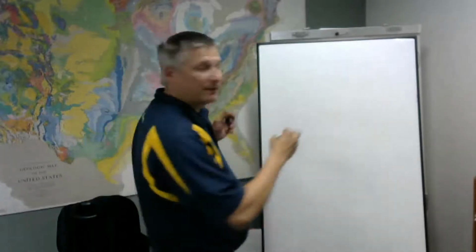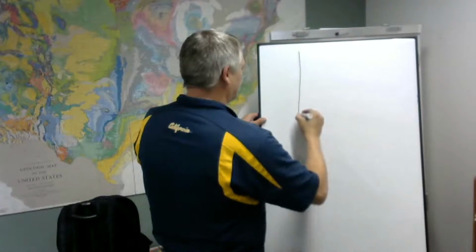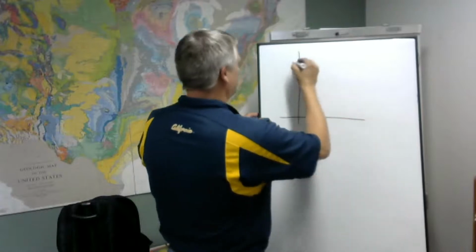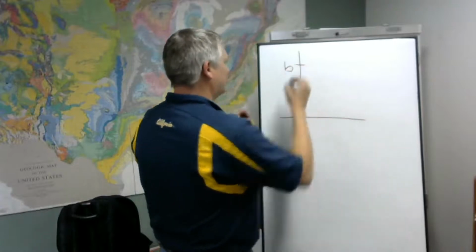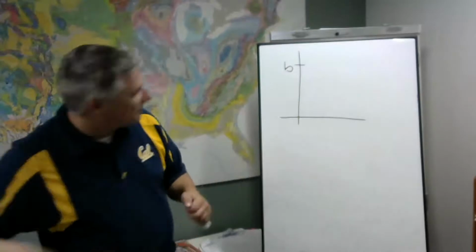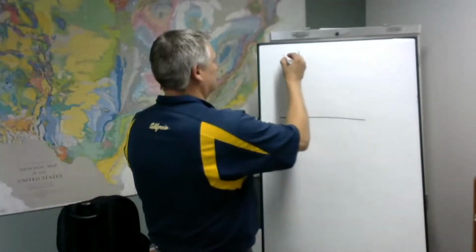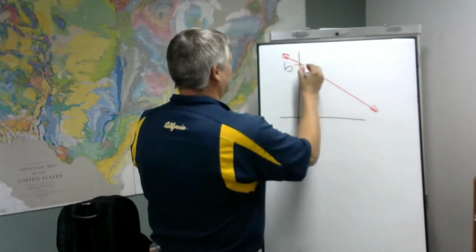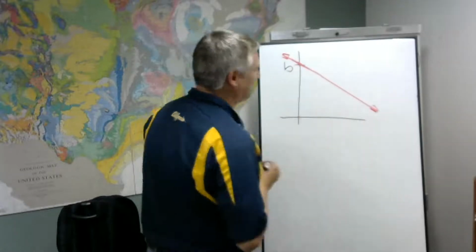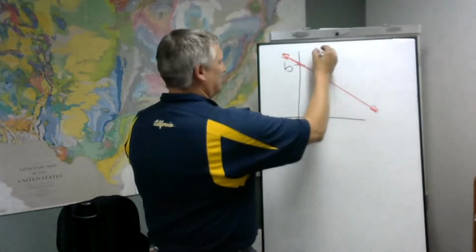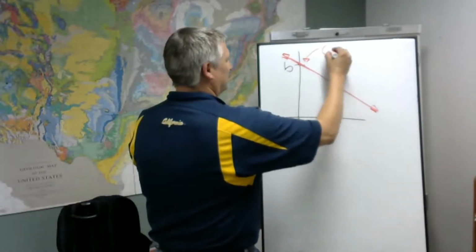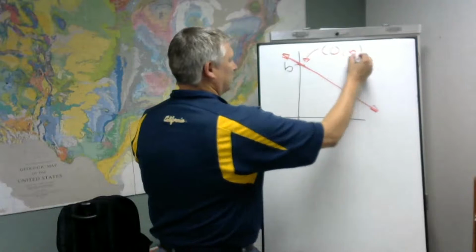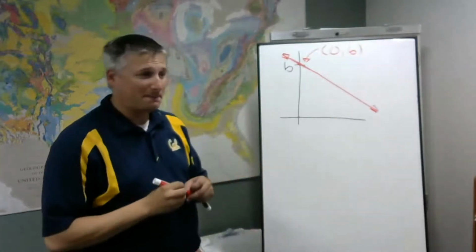So if we know something like this, a little more in there like that. And this right here, y-intercept 0b.